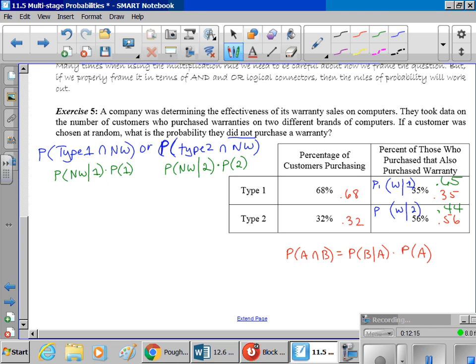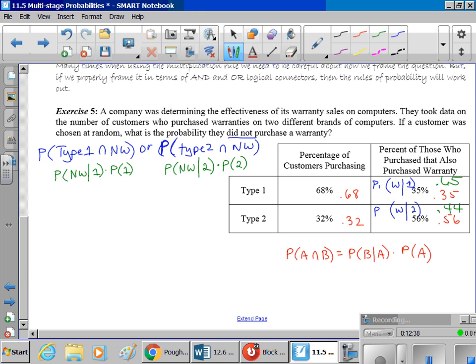All right, so over here on the left side, I just used what I have written down here. So the probability of type 1 and no warranty. Now I have to use the warranty first because that's what I'm given in my data, right? So I can't use the computer first. So I use no warranty given computer 1 times the probability of computer 1.